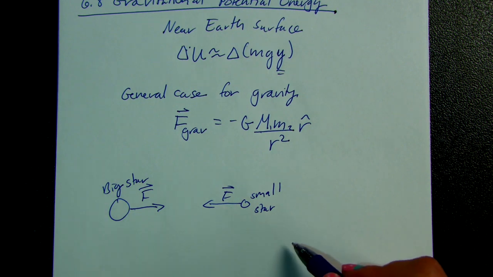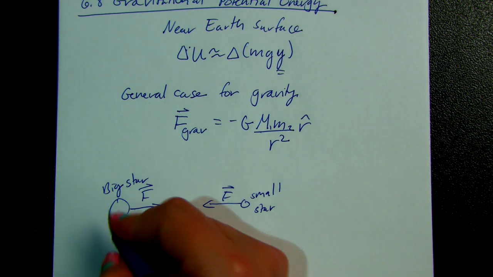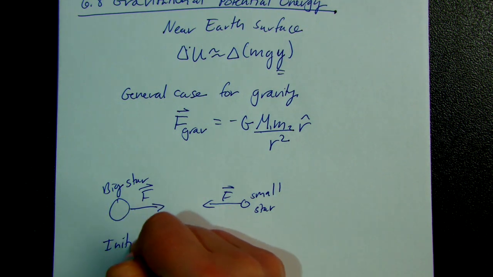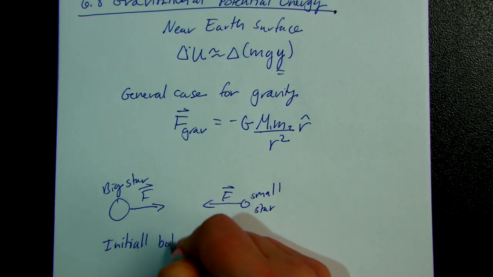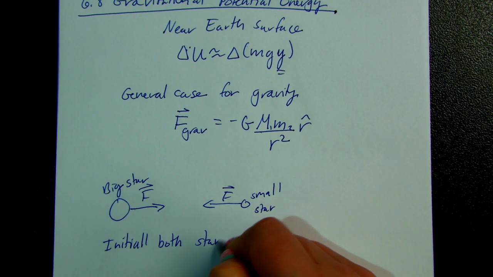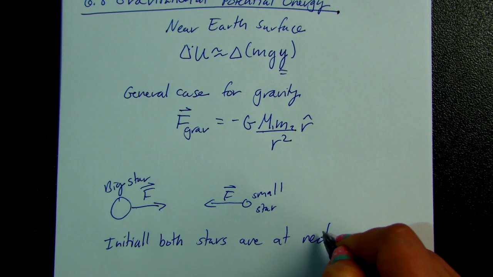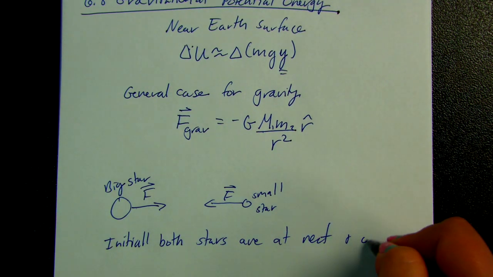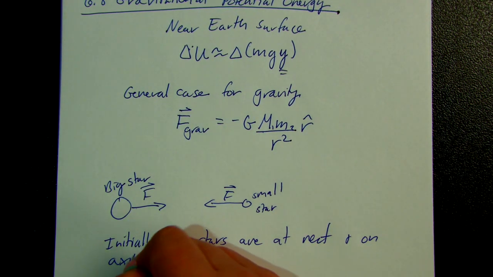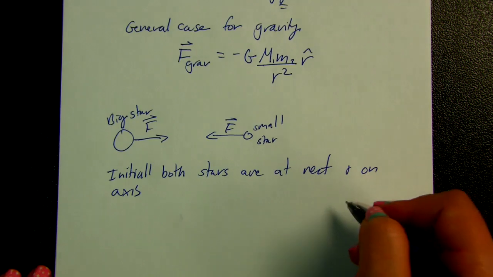We know this, we know reciprocity. Now, initially in this setup, both stars are at rest, and on axis. Let's not work in 3 dimensions when we can work in 1.